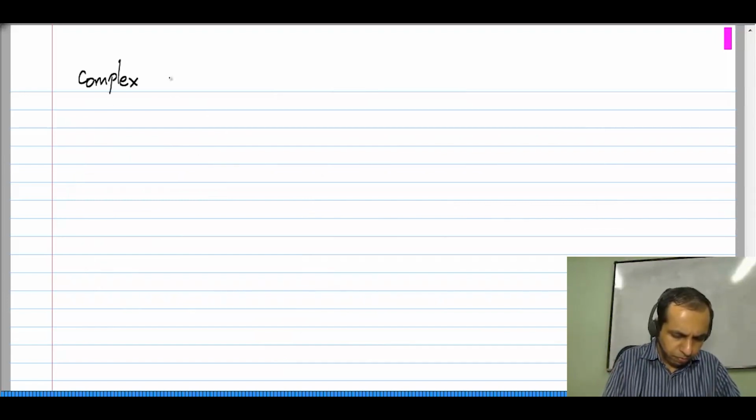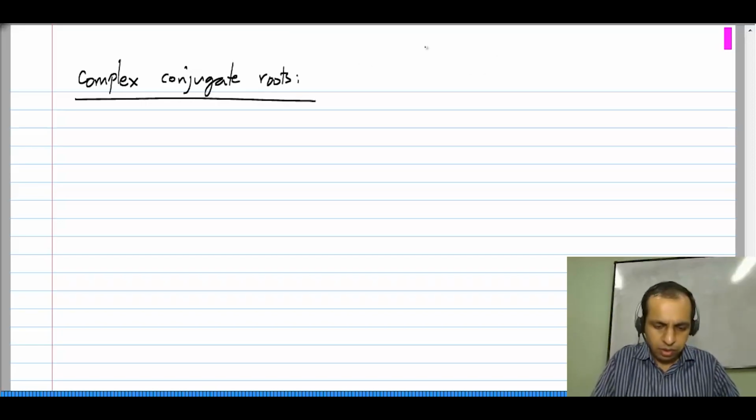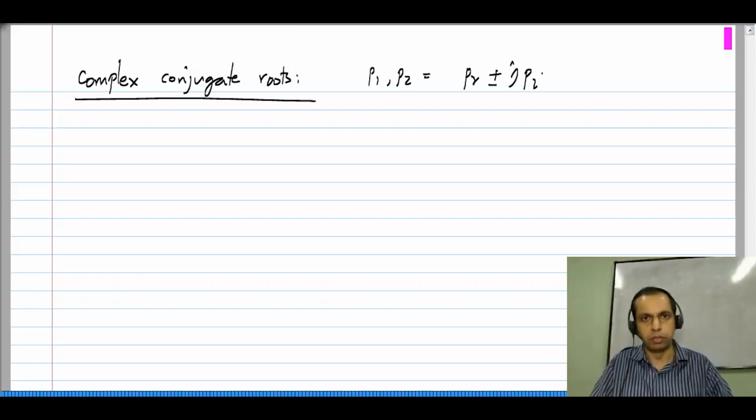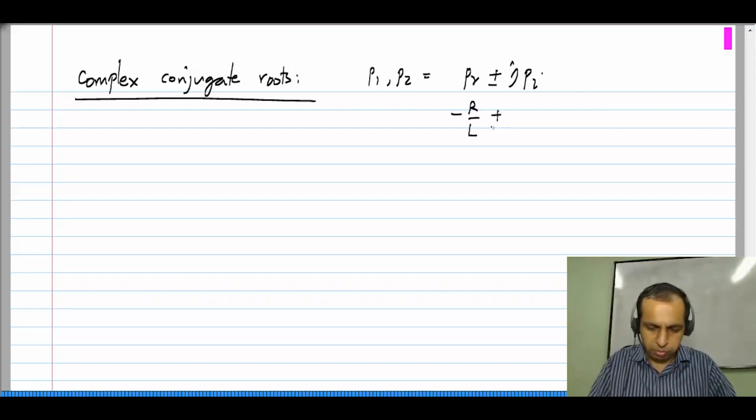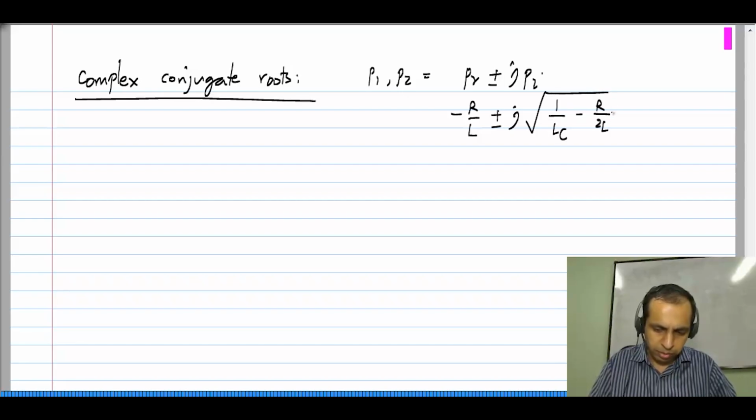Now when we have complex conjugate roots, we will have P1 and P2 to be some real part plus minus j times the same imaginary part. The real part will be minus R by L. The imaginary part, you know the expression for. This will be plus minus j times square root of 1 over LC minus (R by 2L) squared.